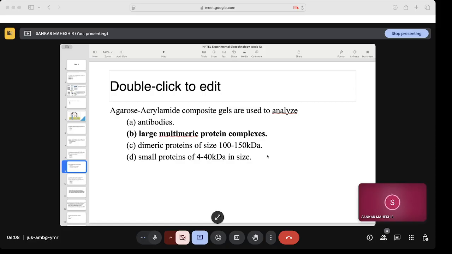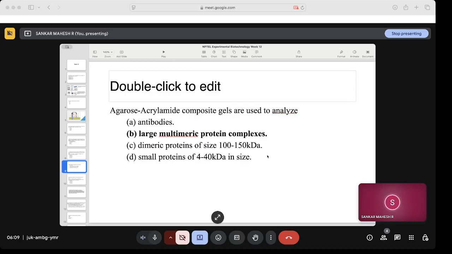So for DNA of the molecular weight of 66 kilodaltons, you use about 1% agarose, and that is the minimal length of DNA that you more or less use. If you want to use less than that, you can use acrylamide.